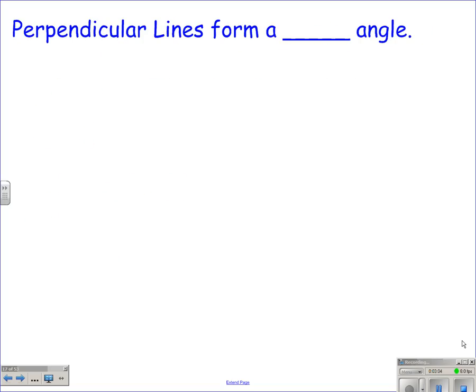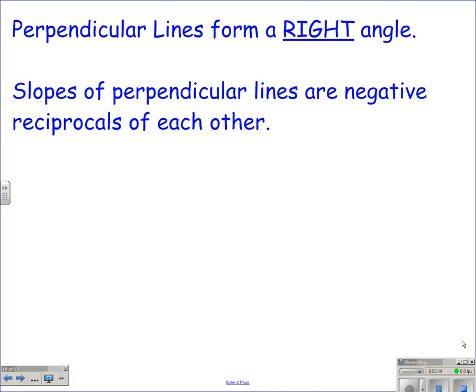Perpendicular lines form what kind of angle? Perpendicular lines form a right angle. Slopes of perpendicular lines are negative reciprocals of each other. Perpendicular lines have negative reciprocal slopes.